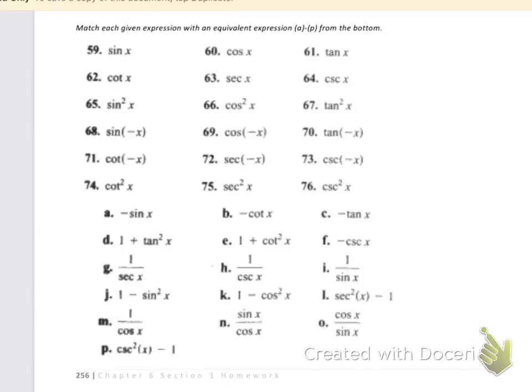And cosecant is the reciprocal of sine. So all you have to do is put an h next to it. Be aware, did I cross out h? I did not cross out h because these can be used more than once. Not saying they will be, but they can be.